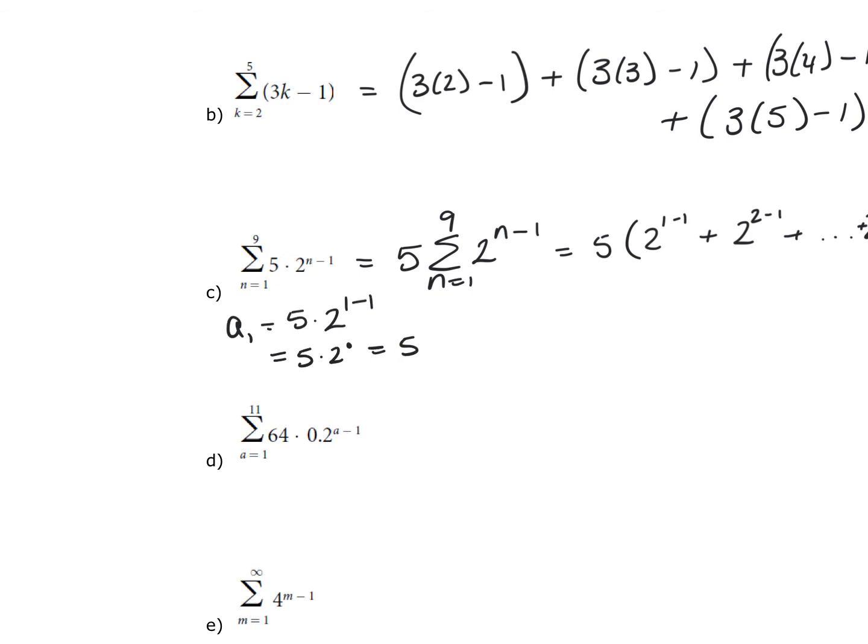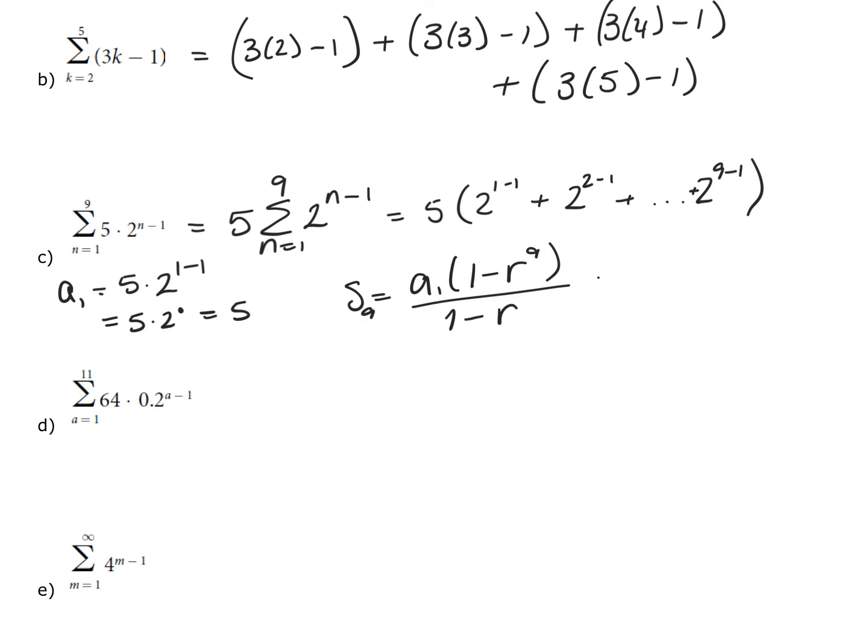I also need my ninth term. Oh, actually, no, I don't need that, because my summation formula for the first 9 terms is going to be my first term times 1 minus my ratio raised to the 9, over 1 minus my ratio. So I don't actually need my last term or my ninth term.